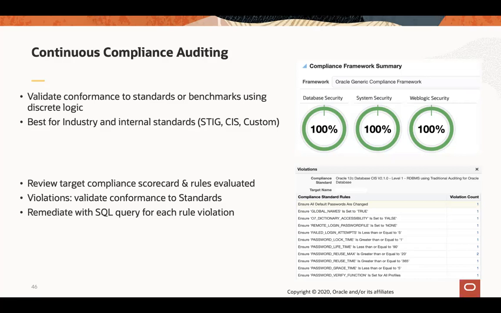Here you can see that we're looking at database security, system security, WebLogic security, and we can scan across the entire environment rather than looking at individually. We can see how well we're scoring on these. And if the score drops below a critical threshold, we can decide to look at the individual violations and take corrective action to get that score back up to where we need it to be.